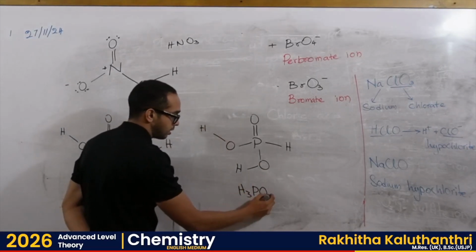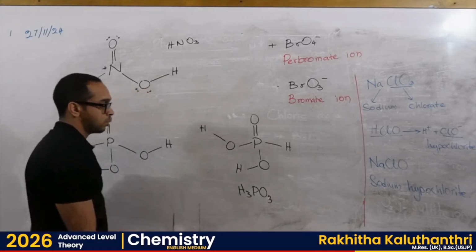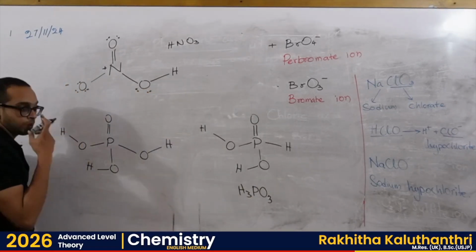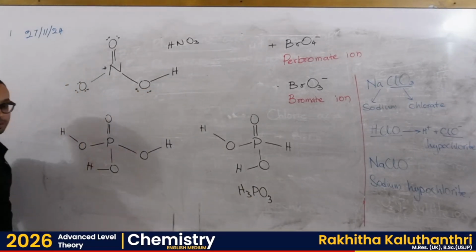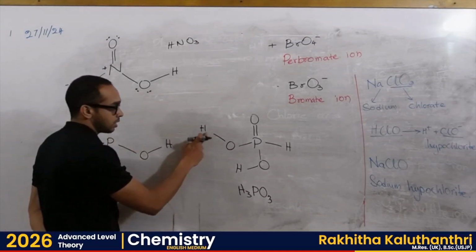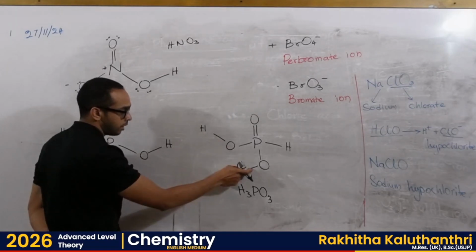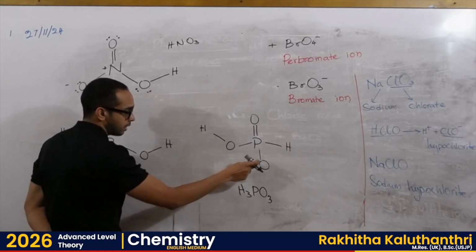That is why earlier I didn't write the anion here, because I didn't want to complicate your understanding. But since you asked about the Lewis structure, now we discuss it, and it should be clear to you. When this forms an anion, only these hydrogens are leaving. When they leave, the 2 oxygens over here get negative charges.